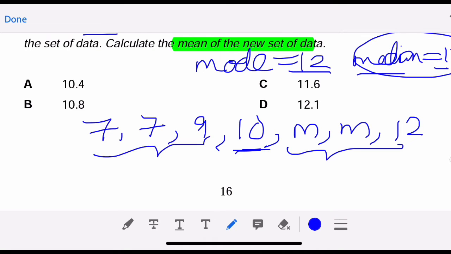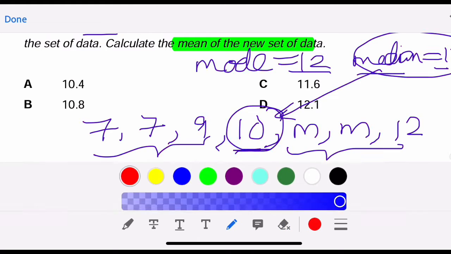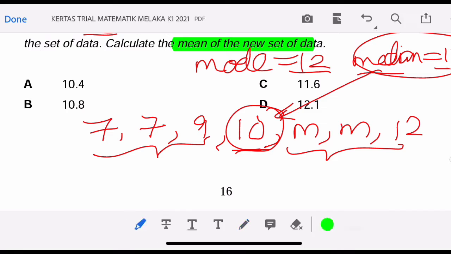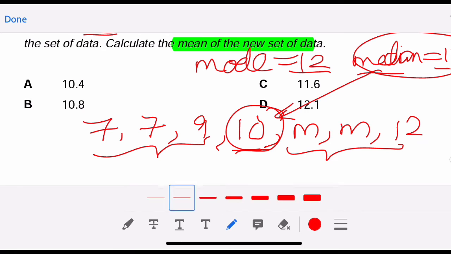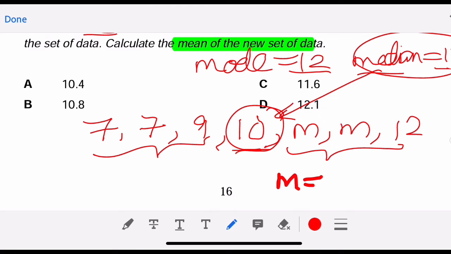The 10 is median at the middle. Okay, we solved the median already. Mode is 12, so obviously M will be 12 because the mode must appear the most number of times, isn't it? So we will choose M as 12.